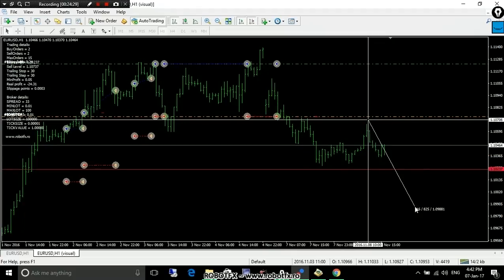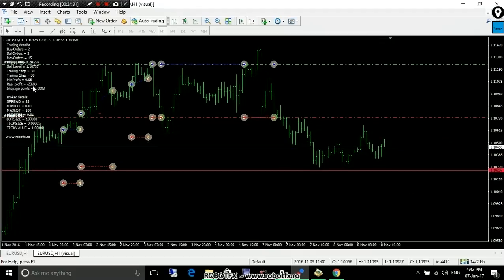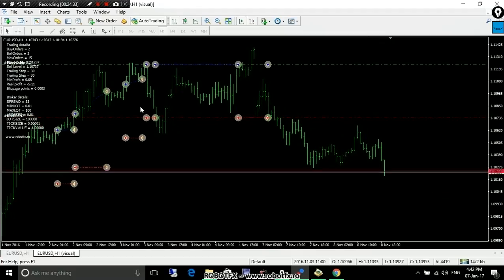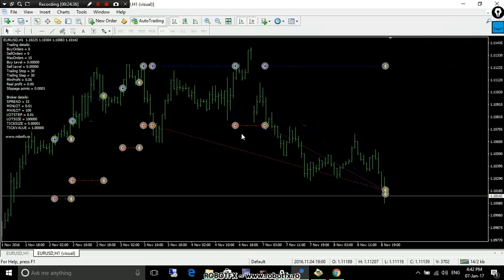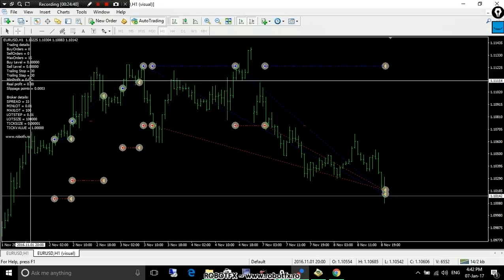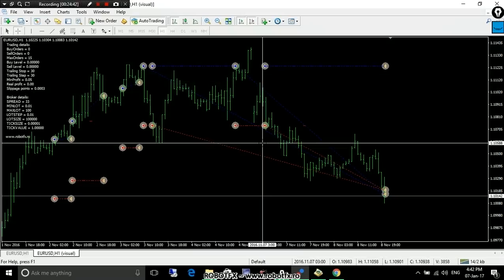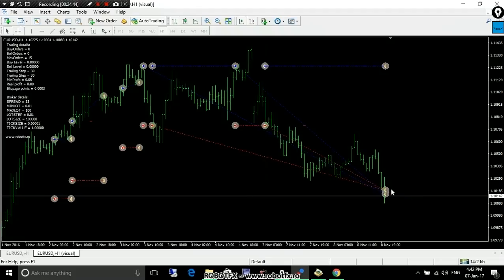And as the price drops, the real profit increases, until finally, as you can see, it became positive, and it reached eventually the minimum profit. And then the expert advisor closed the basket of trades, which was a big basket, 1, 2, 3, 4 opposite trades.